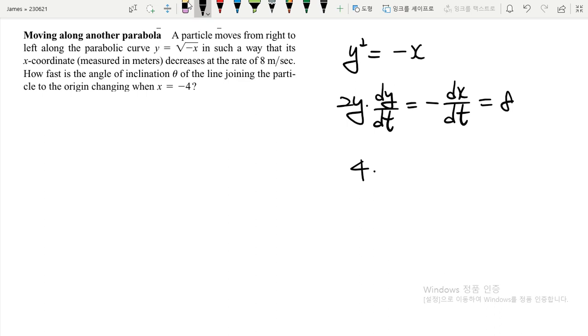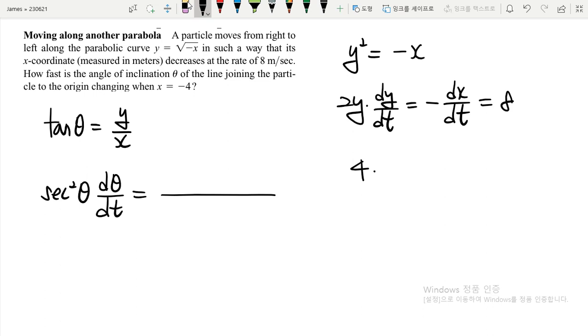Actually, we don't have to use this equation. Because we want to find this d theta over dt once again. Let's just see. So once again, tangent theta is, yep, and then when x is minus 4, y is 2.